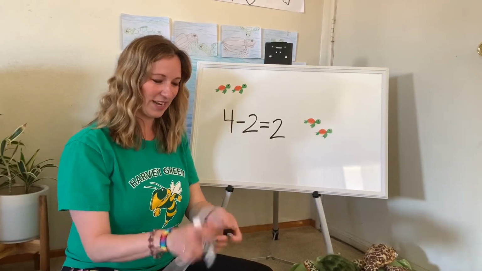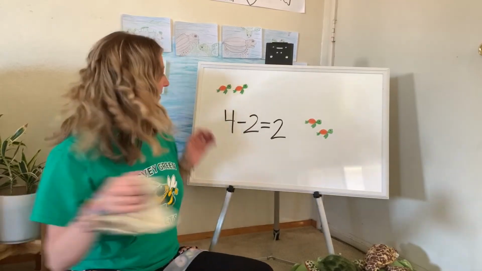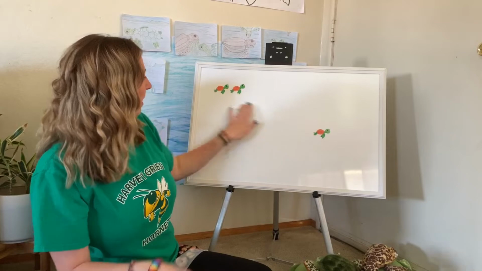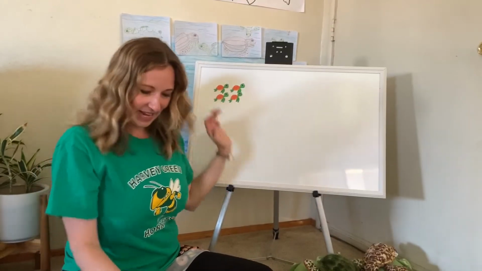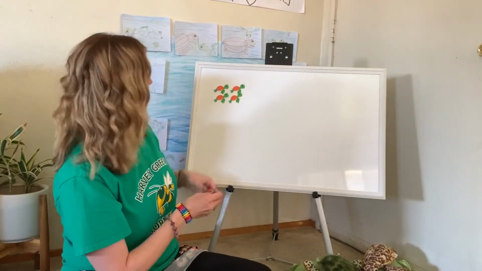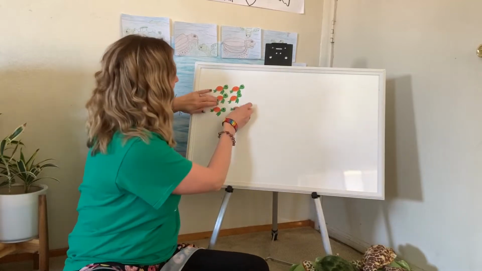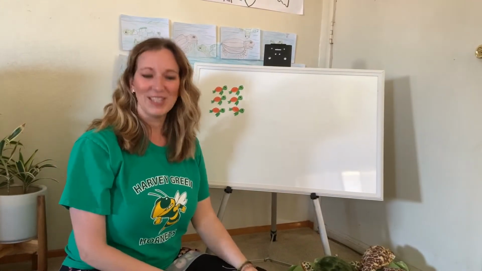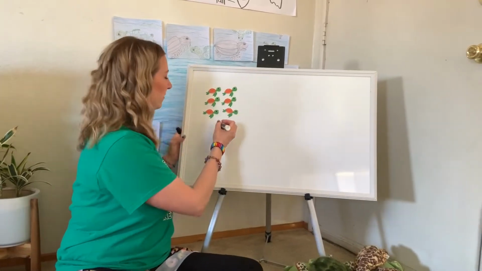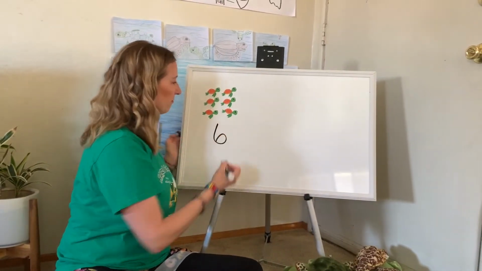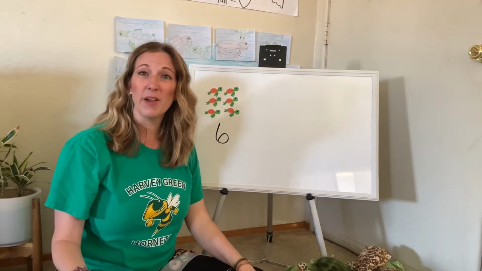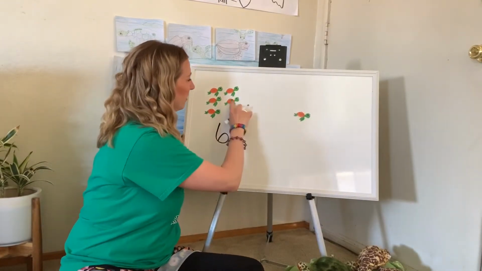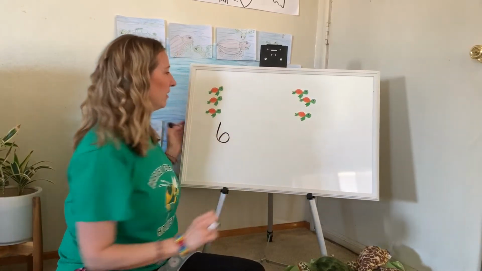All right, let's try another one. Let me bring my turtles back, and I'm going to add a few more. Now I have 6 turtles, 6 sea turtles. 3 of them go out searching for seagrass. 1, 2, 3.